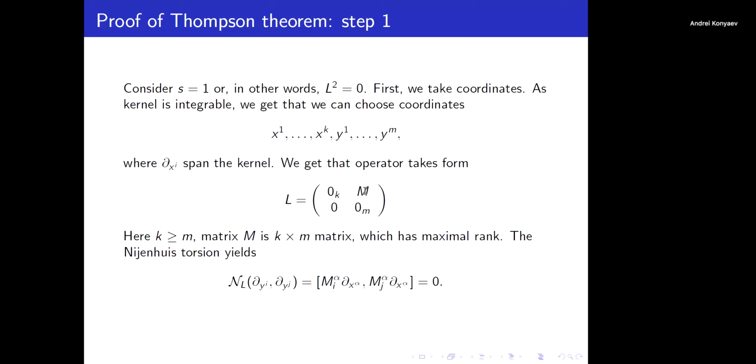This M depends on x and it depends on y, on both coordinates. So if we take partial y's, right, we apply this to this operator, we will see that the Nijenhuis torsion vanishes, right?